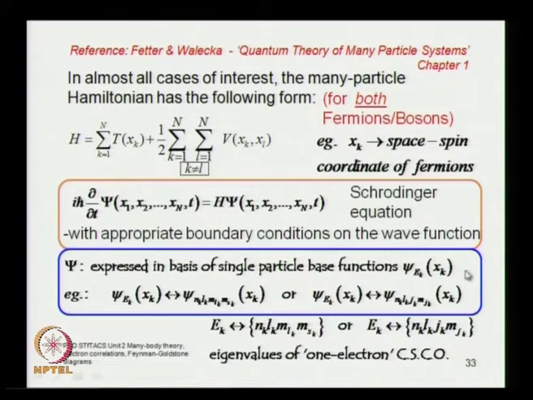So, this probability amplitude is a measure of the probability amplitude that a particle at coordinate xk will be in the quantum state Ek, where Ek is a set of appropriate number of single particle quantum numbers.